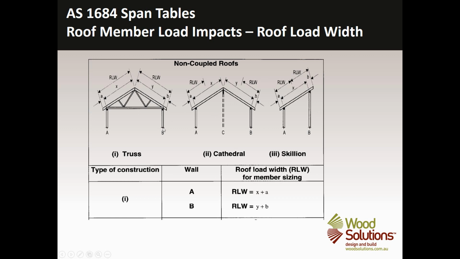The roof load width acting upon B, for example here, is Y, so from the ridge all the way to the top plate, plus the eaves overhang, because we have no other point of support here at all. And that's the same for the load on A. It's half of that roof.